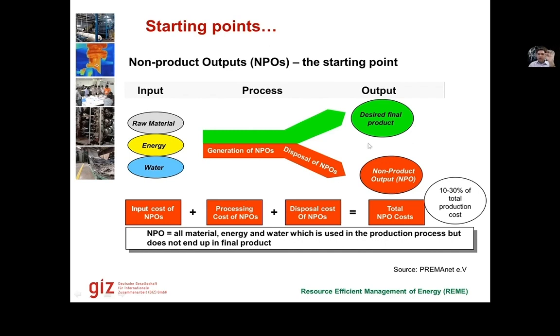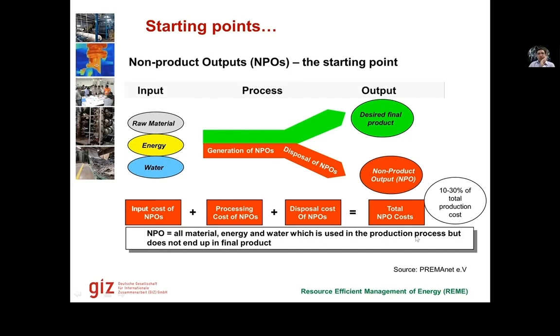And accordingly, 10% of the energy applied on the whole process also went into waste. 10% of water also went into non-product output or waste. Along with that, in general, the whole water is also going into waste, which we can recover or recycle. But at least this 10% associated with the process of generating the waste also went into waste.